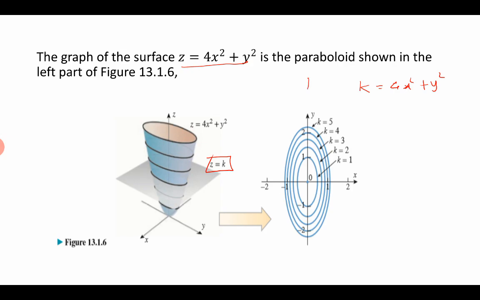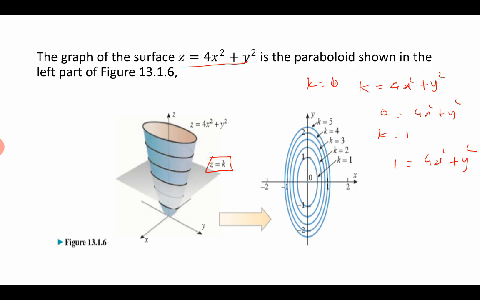When k is 0, we get a point, since 4x squared plus y squared is 0. When k is 1, we get 1 equal to 4x squared plus y squared, which is an ellipse.